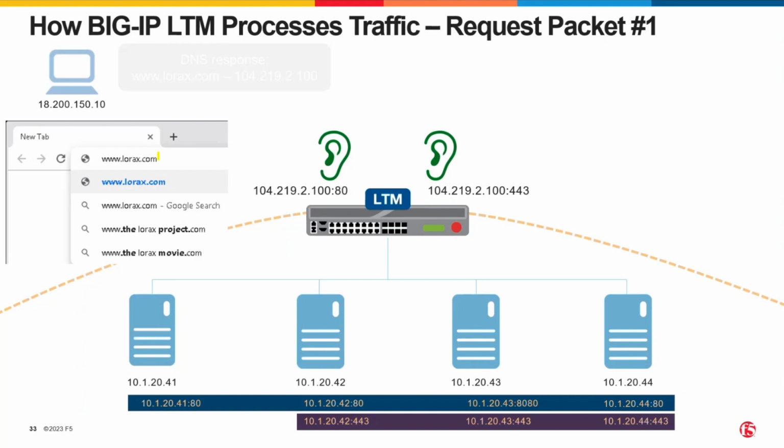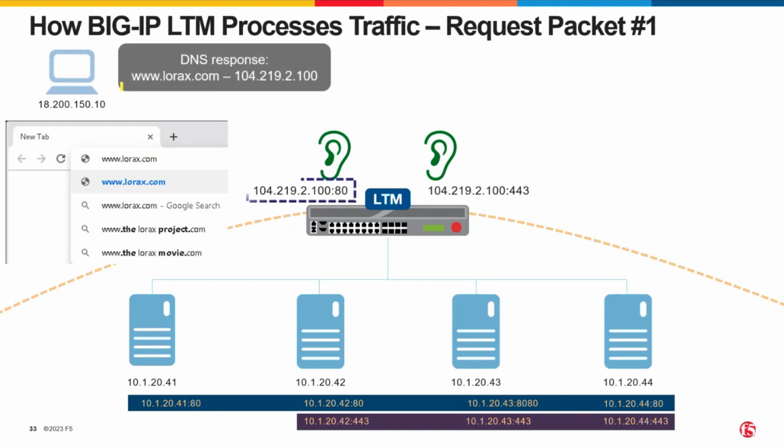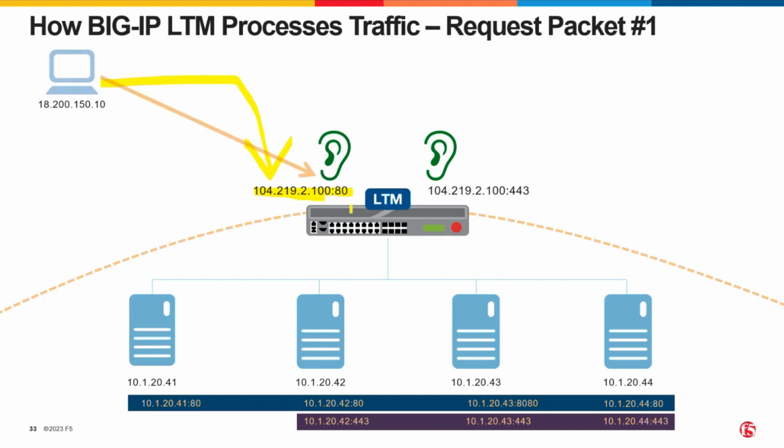Some DNS resolution happens, of course, and somehow magically the user comes into our virtual server. Okay, so this is the IP and port listener on our BigIP from this client-side perspective, from the internet point of view. What BigIP does for this?